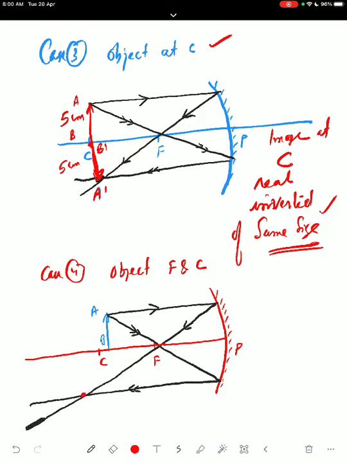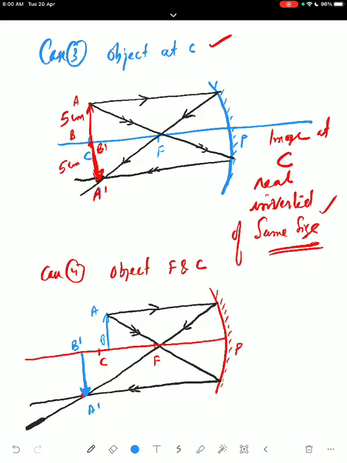The two rays are meeting at this point, and it is beyond C. So this is the image we are making here. This is A dash and B dash.